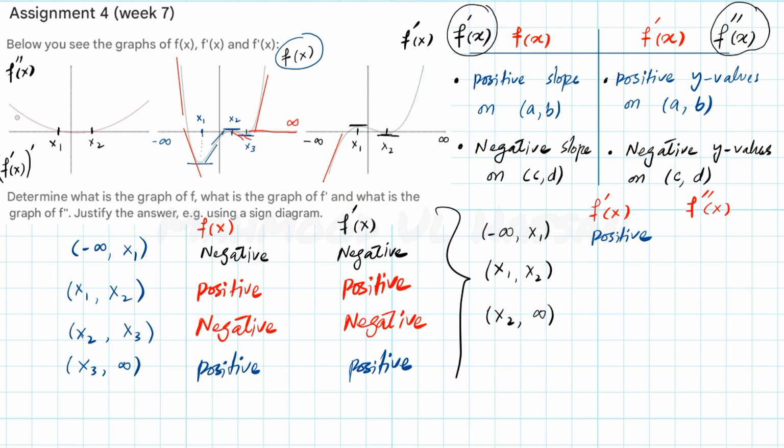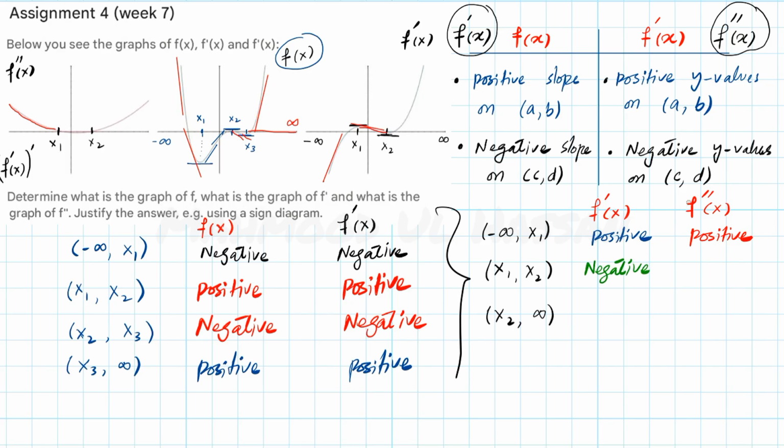You can see clearly the values are positive. The y values are positive, you can see here. That is above the x-axis. So they are also positive. And now from x1 to x2, the slope is negative. Let me draw here a tangent line, something like this one. The slope is negative. So we will write here negative.